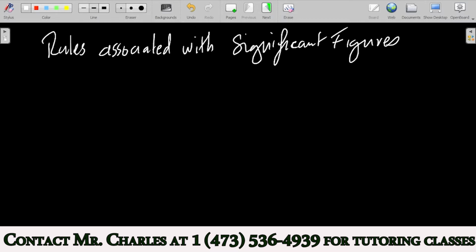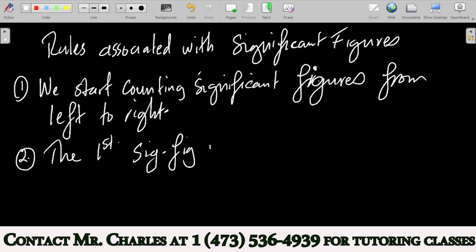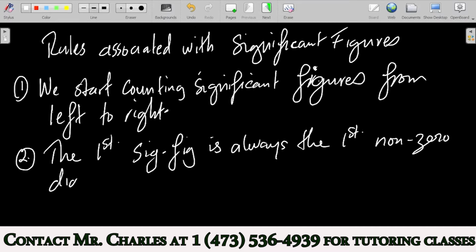The first rule you need to know is that we start counting significant figures from left to right, and the first significant figure is always the first non-zero digit, or the first digit that is not zero. And of course, that has to be from left to right, as rule number 1 states.